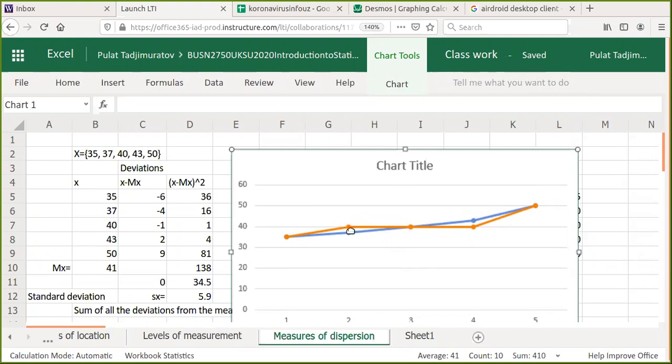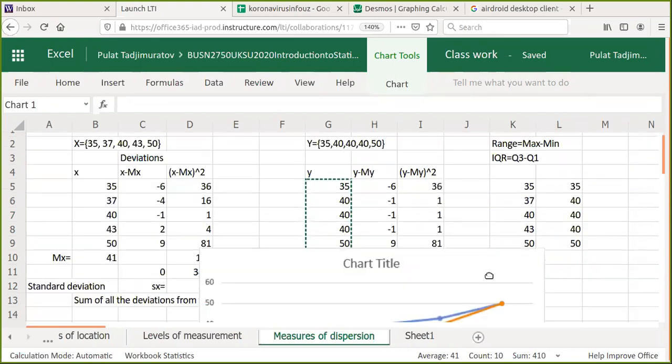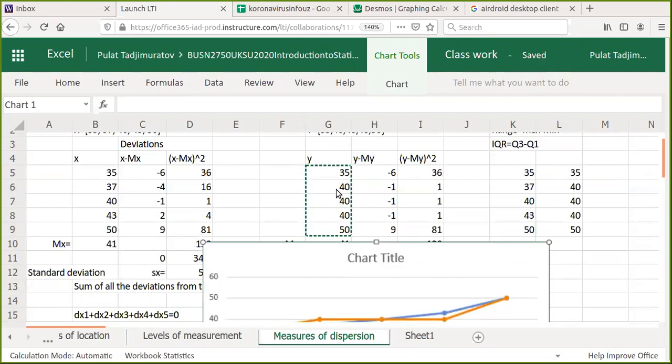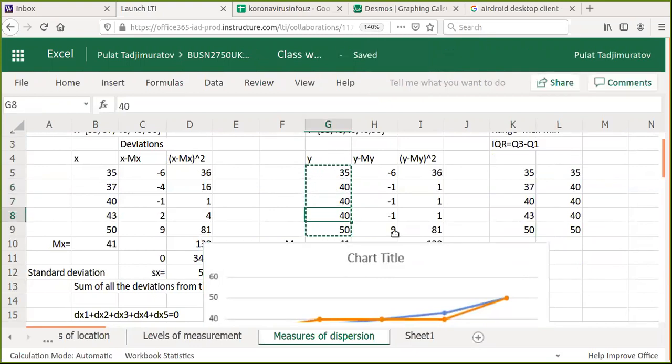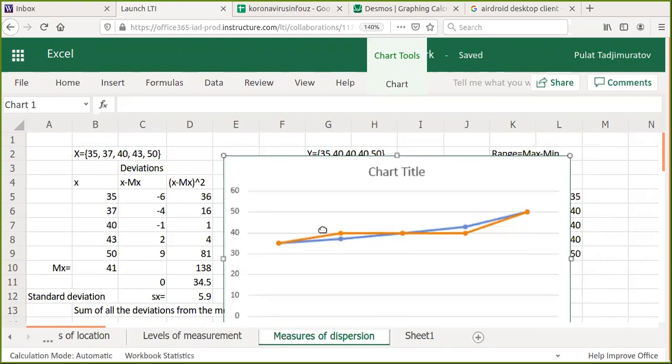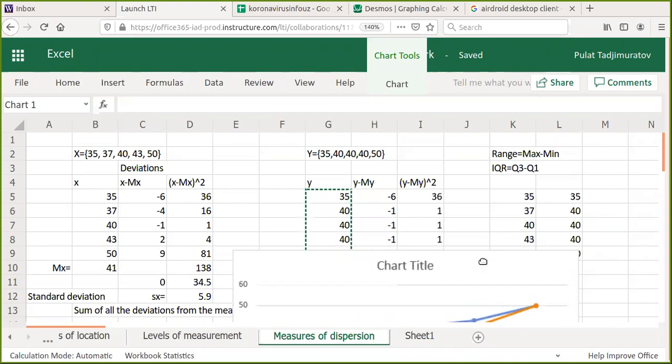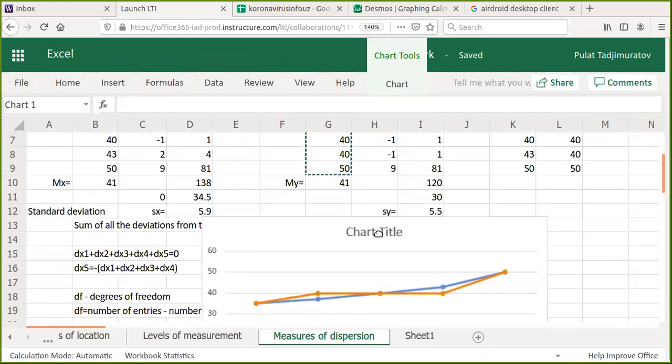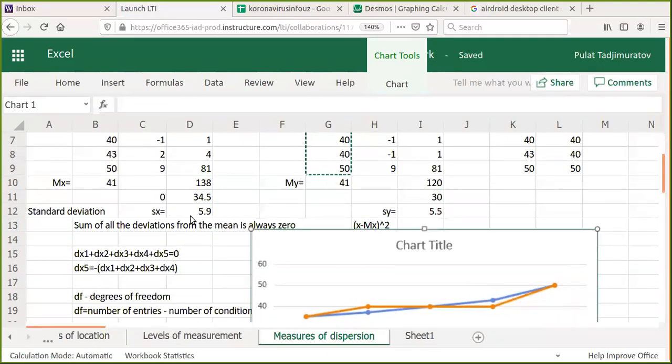Here you have that neat plateau in the middle where there is almost no change, this part where you have three 40s in a row. So the first one is changing faster than the second one, and the first one has a larger standard deviation.